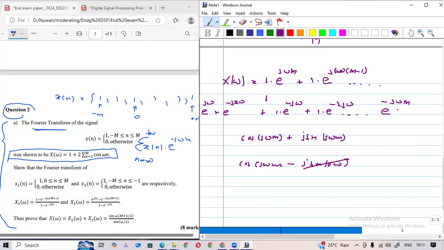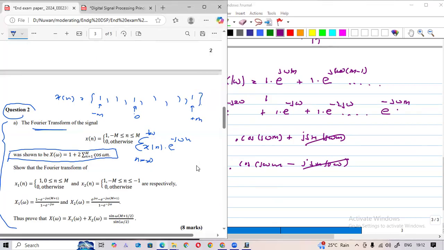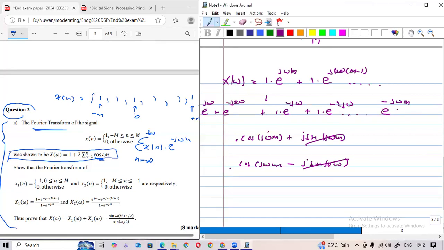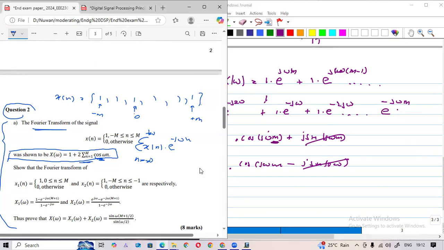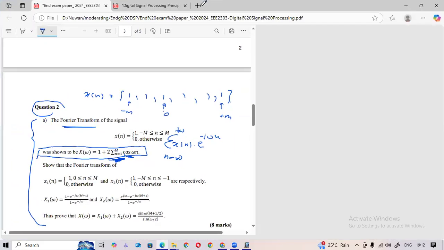So you can see that the sine value will be cancelled and only cos terms will be there, from 1 to m. So you can write it as an addition.